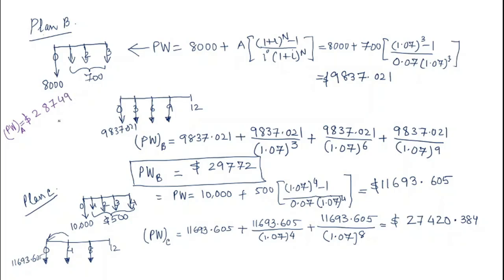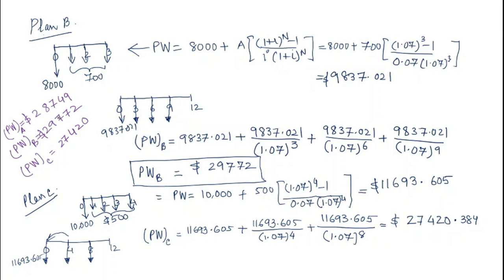I'm not writing the after-decimal values. The present worth for plan B comes out to be 29772, of course dollars. And the present worth for plan C comes out to be 27420.